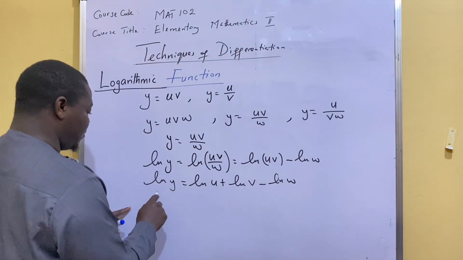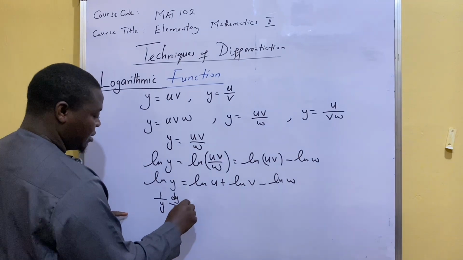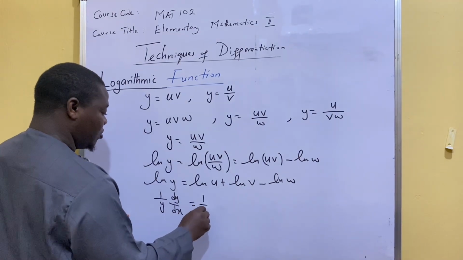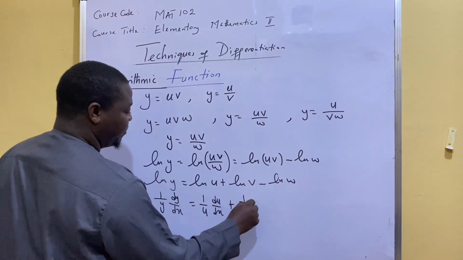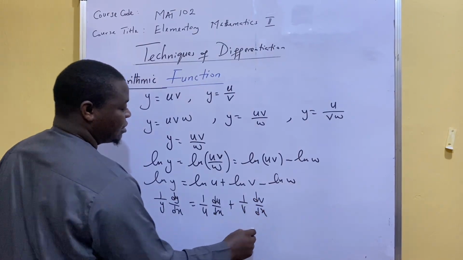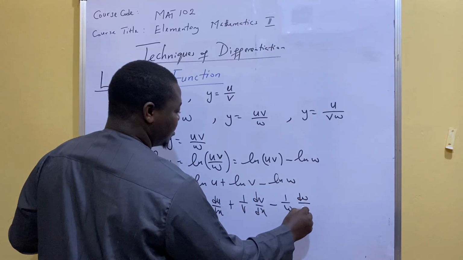So the derivative of ln y is 1 over y dy/dx, which equals 1 over u du/dx plus 1 over v dv/dx minus 1 over w dw/dx.